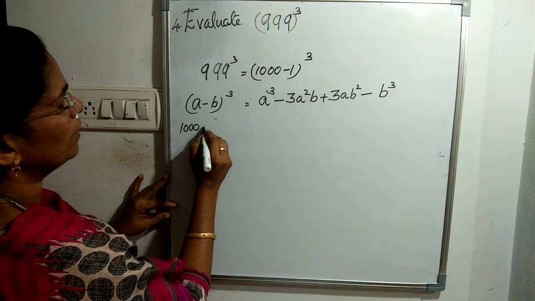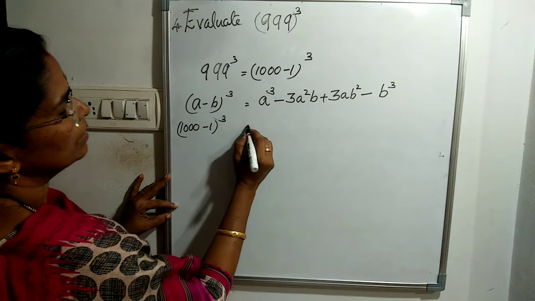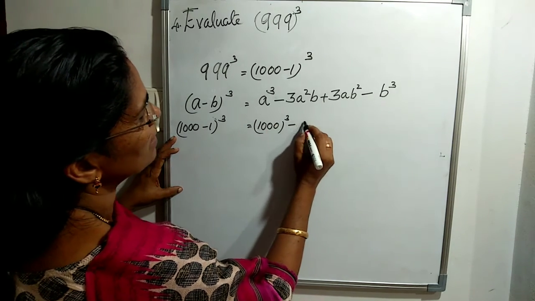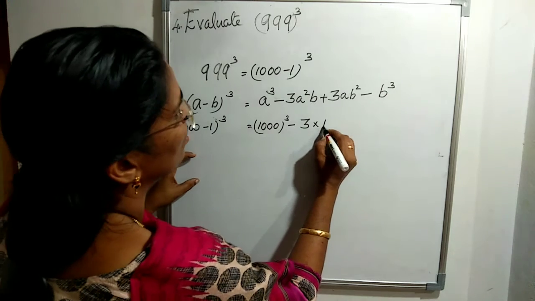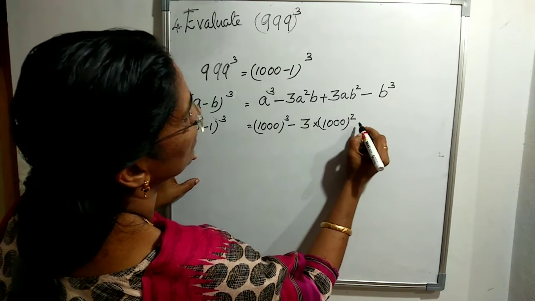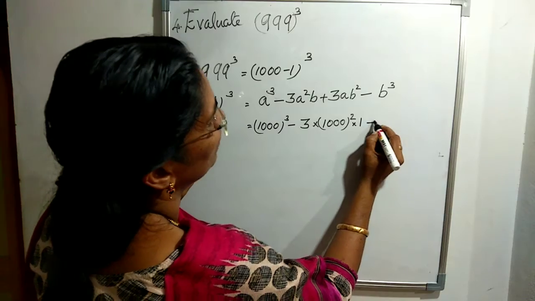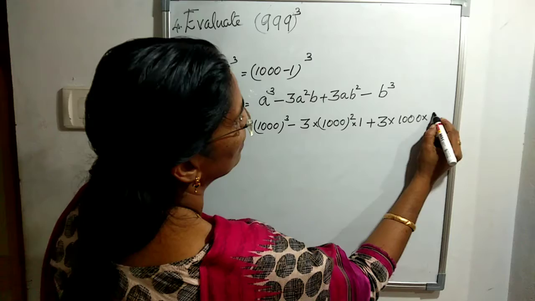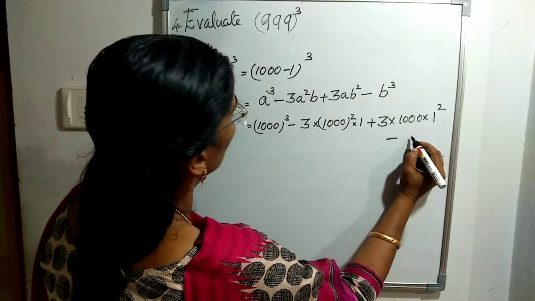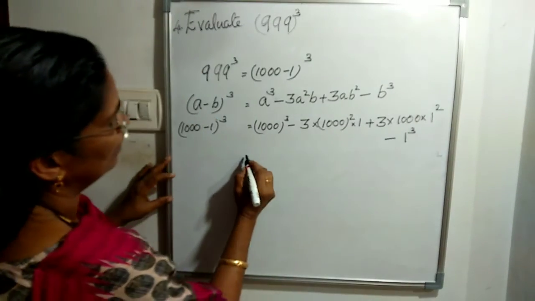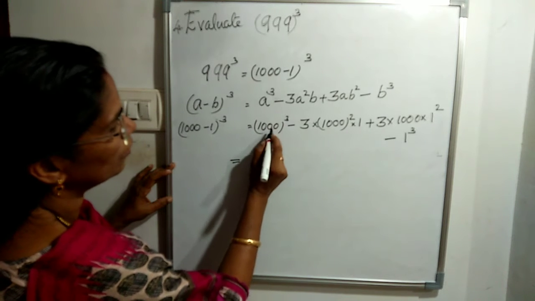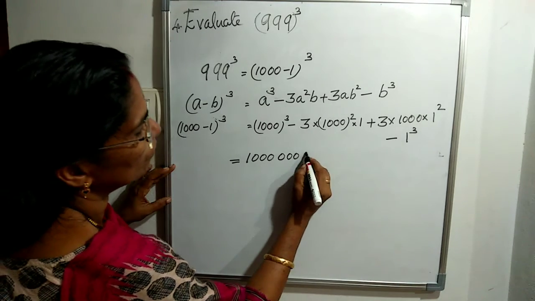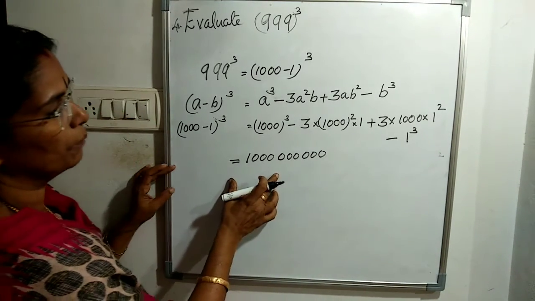Now (1000 minus 1) whole cube is equal to 1000 cube minus 3 into 1000 square into 1 plus 3 into 1000 into 1 square minus 1 cube. Look here, 1000 cube: how many zeros are here? 3 zeros, and one more time 3 zeros, one more time 3 zeros.